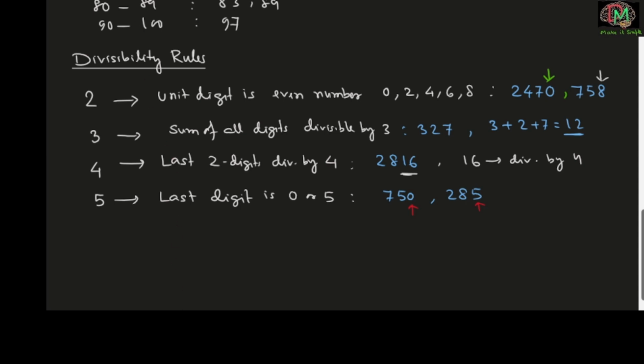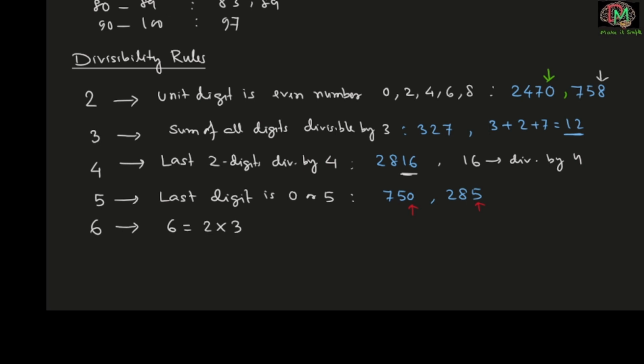Next we learn divisibility by 6. For this we have to prime factorize 6 into 2 co-prime numbers.